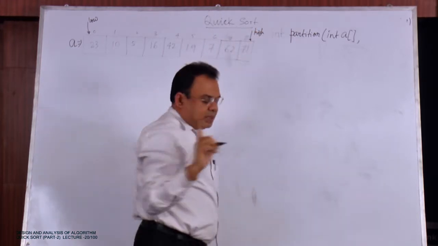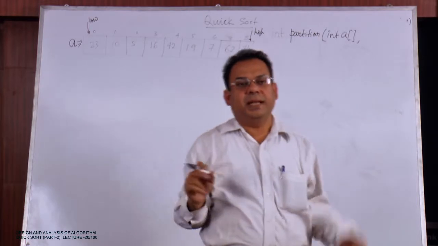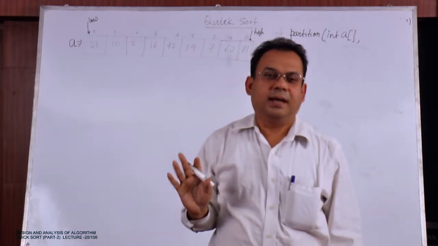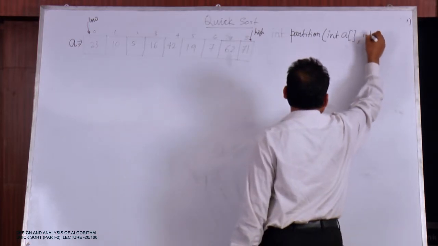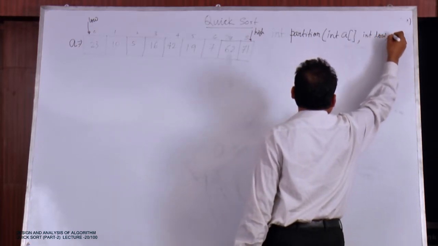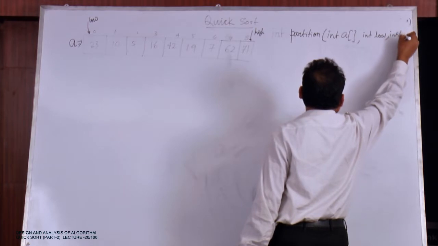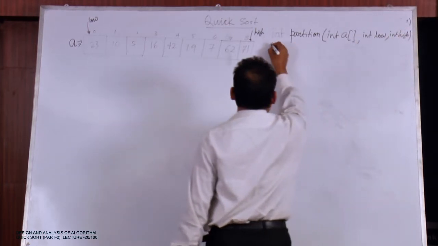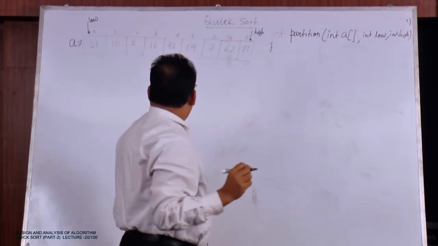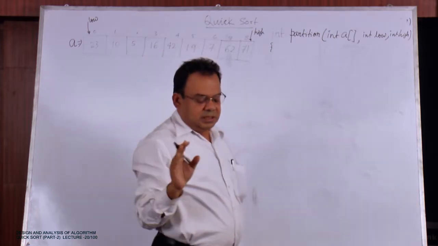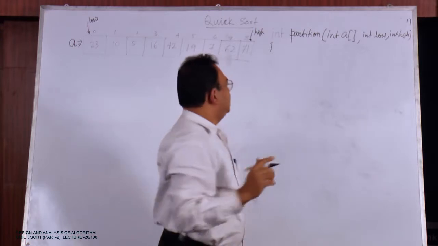At any particular time the unsorted array is bounded by low and high, so we have passed these 2 things, int low and int high. Let us call this the start of this function. And initially, let us consider the first element as the pivot element.